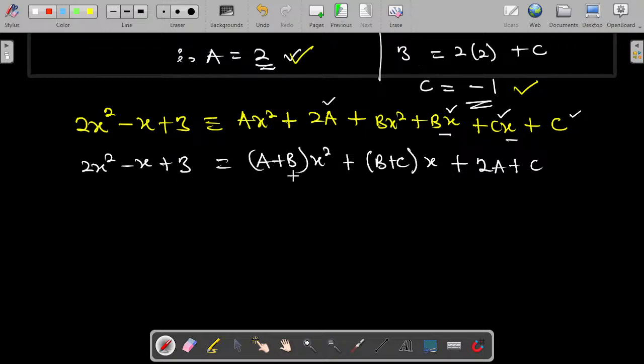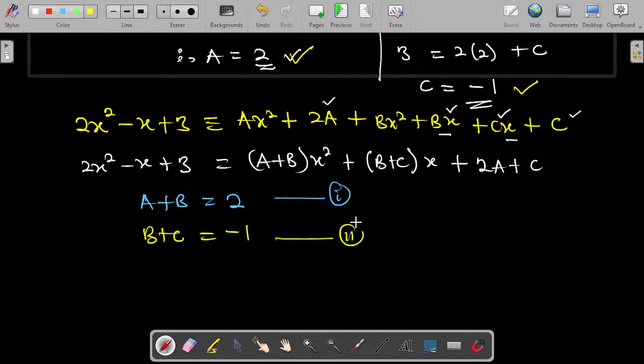So here the coefficient of x squared on the right is a plus b, while the coefficient of x squared on the left is 2, so it must be equal to 2. I can call this equation 1. Then I'll go to x. The coefficient of x on the right is b plus c, while the coefficient of x on the left is minus 1. I can call this equation 2.